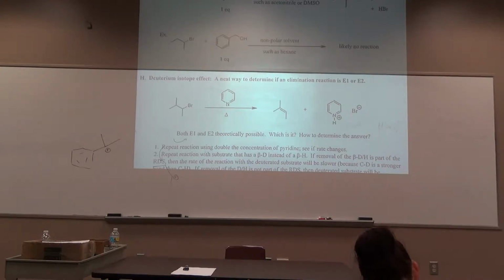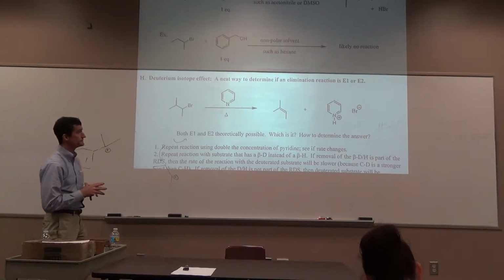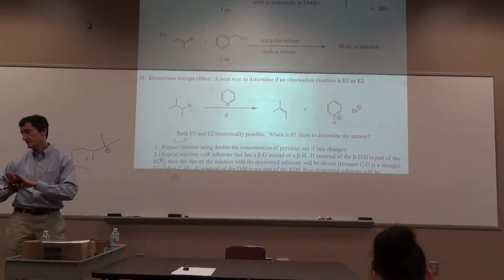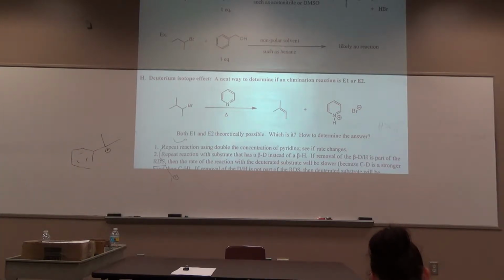Well, how could you tell? Deuterium isotope effect. Let's see. First off, forget about the deuterium isotope effect. Tell me a way you already know to tell this. What's your rate equation? If it's E1, which one is involved in the rate equation?